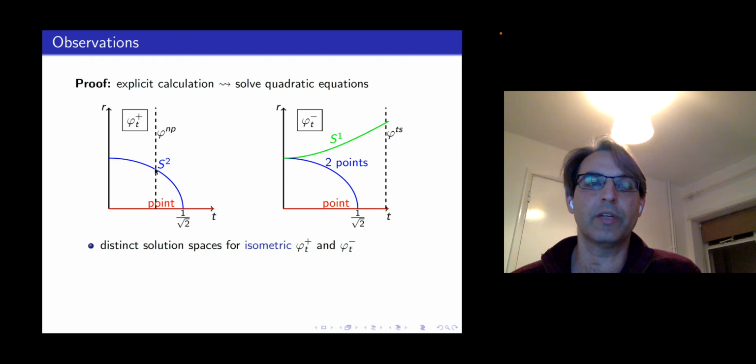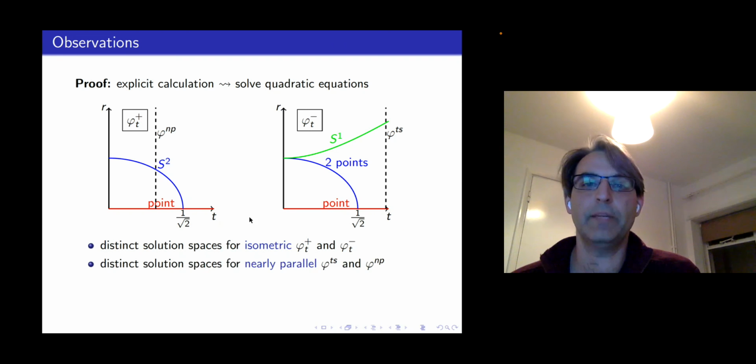If you look at the corresponding place for phi t plus and phi t minus, you get a different family of solutions. And similarly, as I already pointed out, if you look at the two different nearly parallel G2 structures that we know, phi TS and phi NP, the only ones that exist in these two families, then again, we have different solution spaces. Here we have an S2 and a point, here we have an S1 and a point.